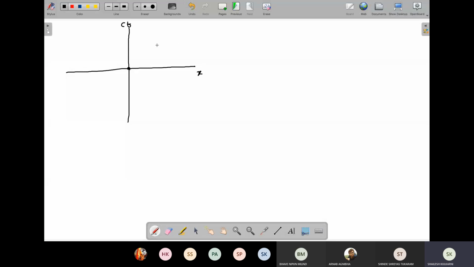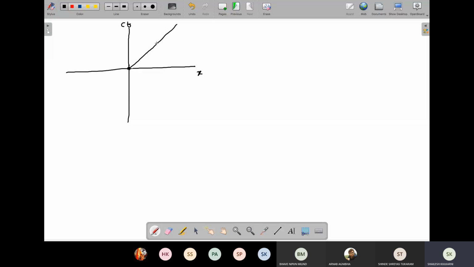So this line at 45 degree represents a series of events which are null separated.